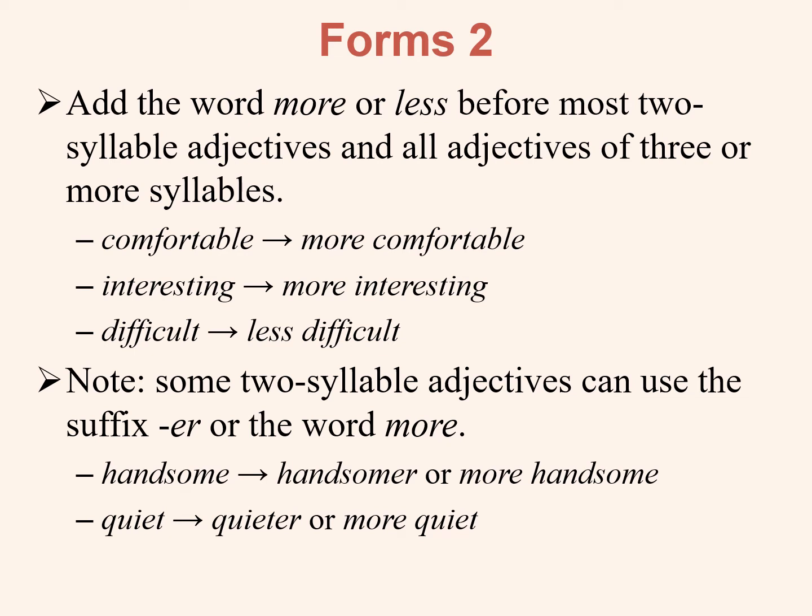Since these do not follow the normal rules for forming the comparative form, they have to be learned basically by practice. As you use these adjectives, you should become familiar with which ones permit both forms. You have to learn these exceptions by using them, really.